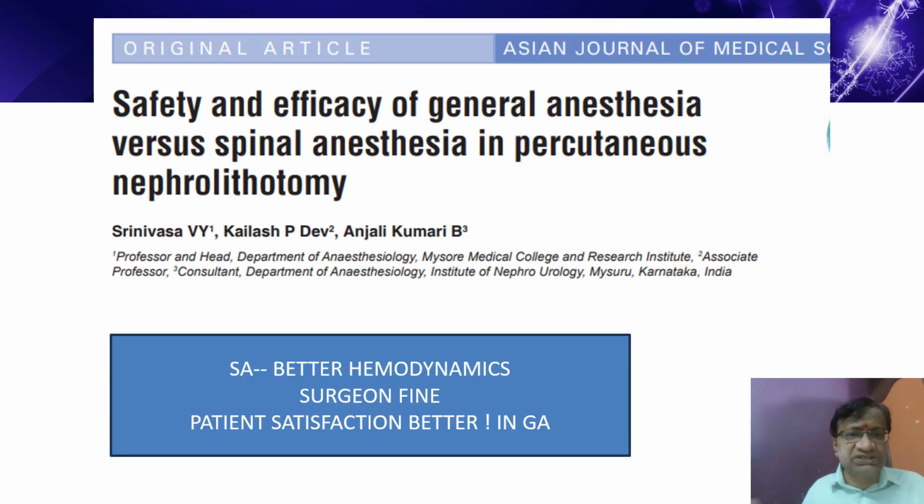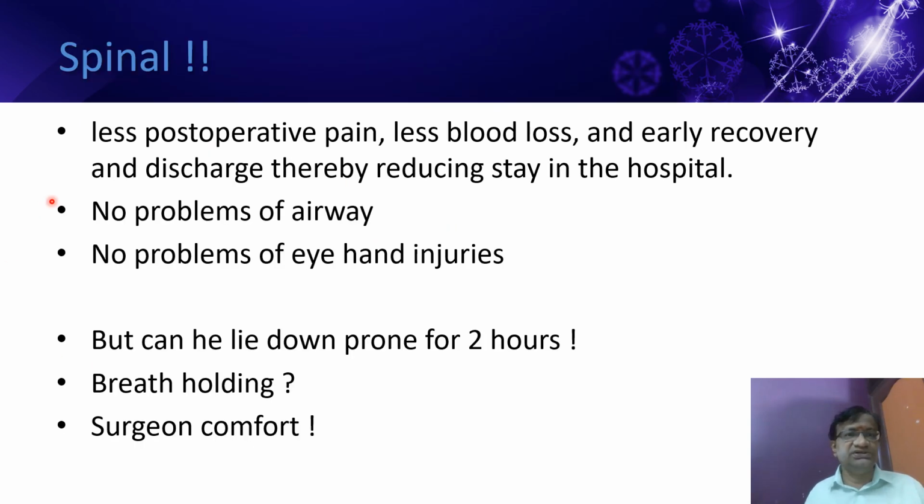Safety and efficacy in PCNL, they have said surgeon is fine, patient is fine, everything is fine. Patient satisfaction is sometimes better in GA. Less postoperative time, less early recovery issues, no problems of airway, eye or hand injuries, nothing. But can he lie down for prolonged periods? Breath holding, surgeon comfort.